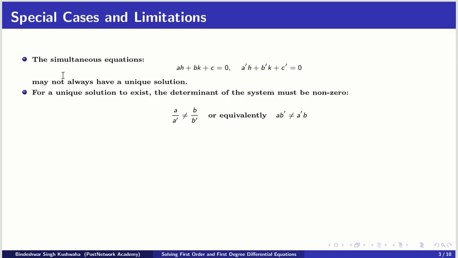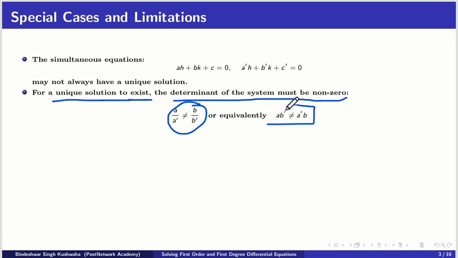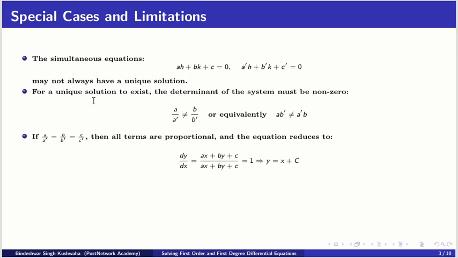So for a unique solution to exist, the determinant of the system must be non-zero. That means a upon a prime should not be equal to b upon b prime. Then there would be a unique solution. So you can see the condition.